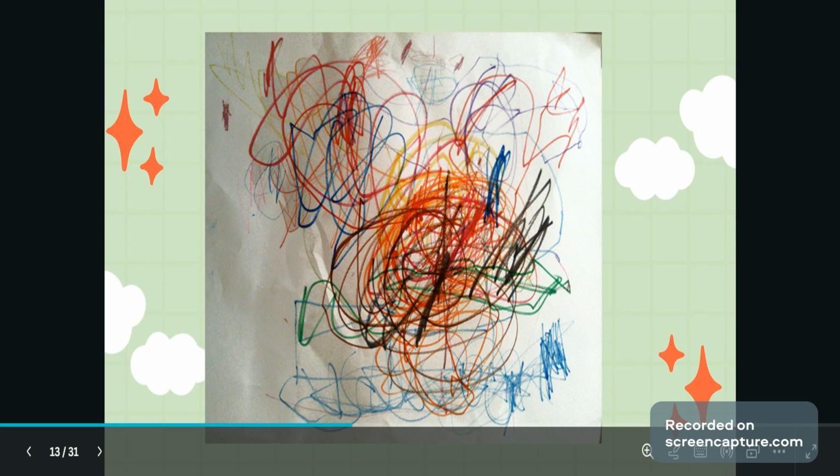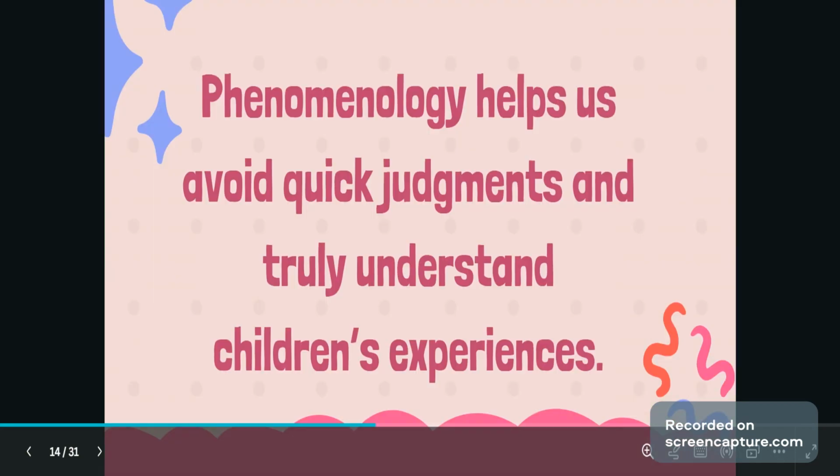Okay? You see the difference between assumption and phenomenological insight. And that is why phenomenology is very important. It helps us avoid quick judgments and truly understand children's experiences.